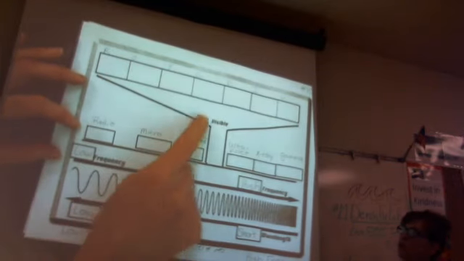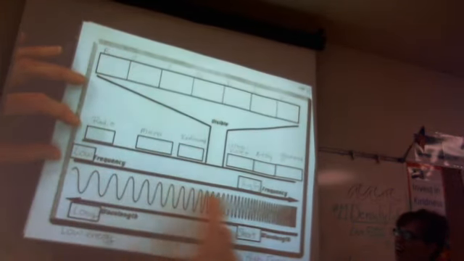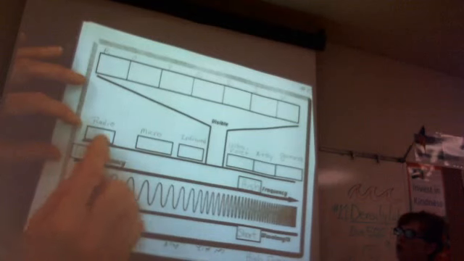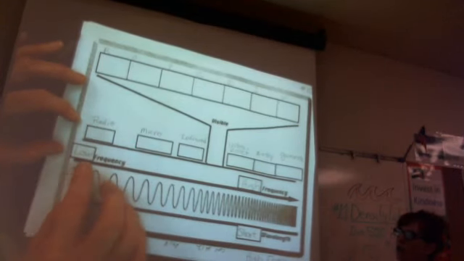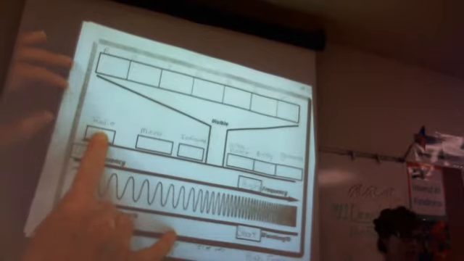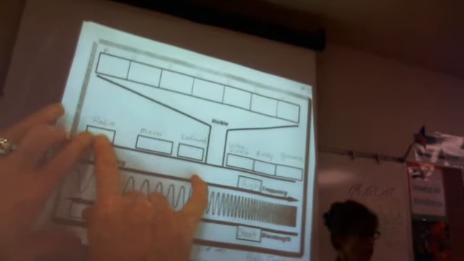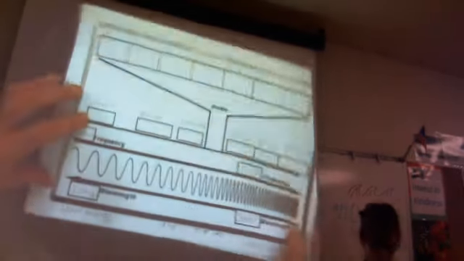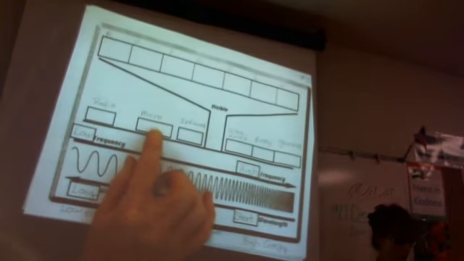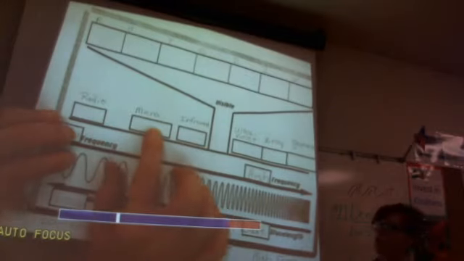So that's your visible spectrum, but that's not all that's on the spectrum. In fact, it's a very tiny portion of it. We're going to go with the general parts of the electromagnetic spectrum, and off to the left we have radio waves, which are very long, to the microwave, which you guys are familiar with in microwave ovens, and cell phones use microwaves.